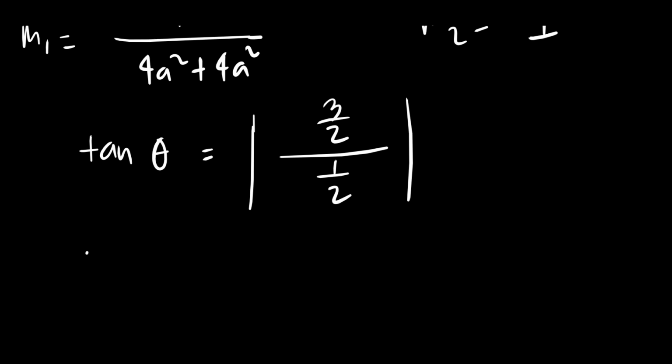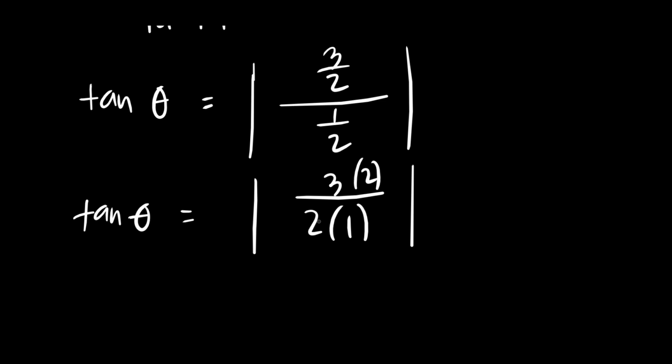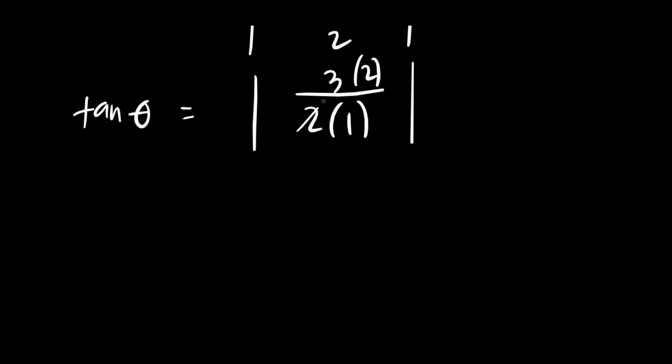So tan theta equals 3 all over 2 multiplied by 2 over 1. The 2 goes up to the numerator and we cancel, so tan theta equals 3 over 1, which is just 3. The absolute value of 3 is just 3.